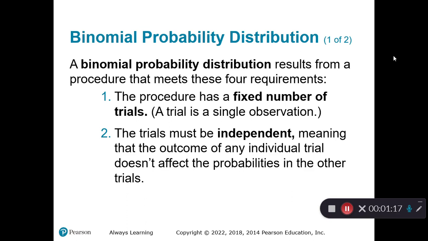We have 4 additional requirements for a probability distribution to earn the label binomial. The first of these is that whatever procedure we're carrying out must have a fixed number of trials. Not only must it be countable, but it must be finite. A trial is a single observation. Second, these trials must be independent, meaning that the outcome of any individual trial cannot affect the probabilities in the other trials.